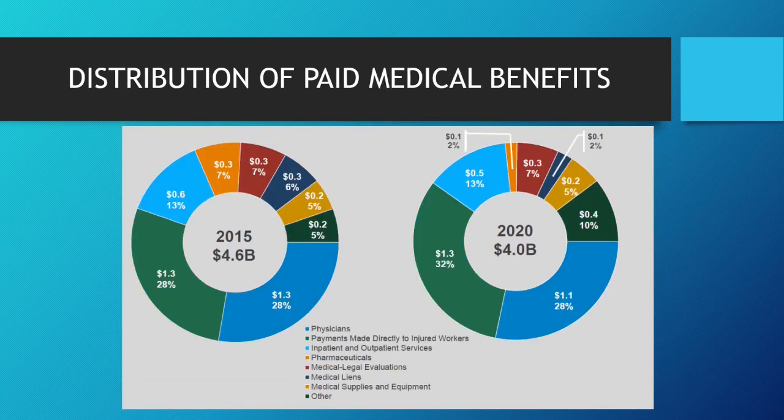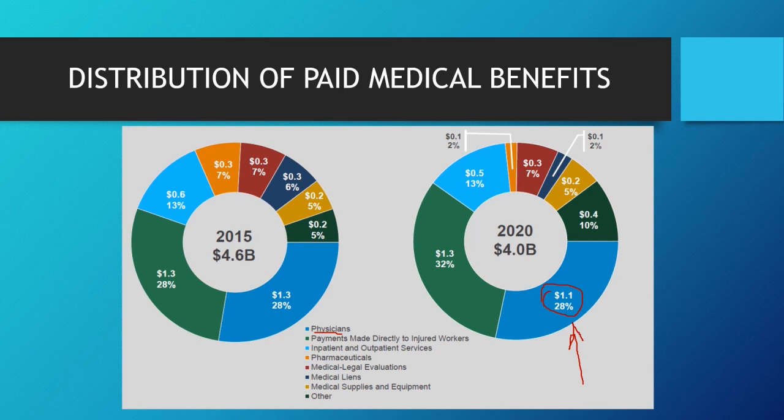Okay, and then with regard to medical benefits paid in 2020 throughout the entire workers' compensation system in the state of California, you'll notice that the greatest portion of medical costs has to do with physician costs, accounting for approximately $1.1 billion of medical treatment paid directly to physicians.